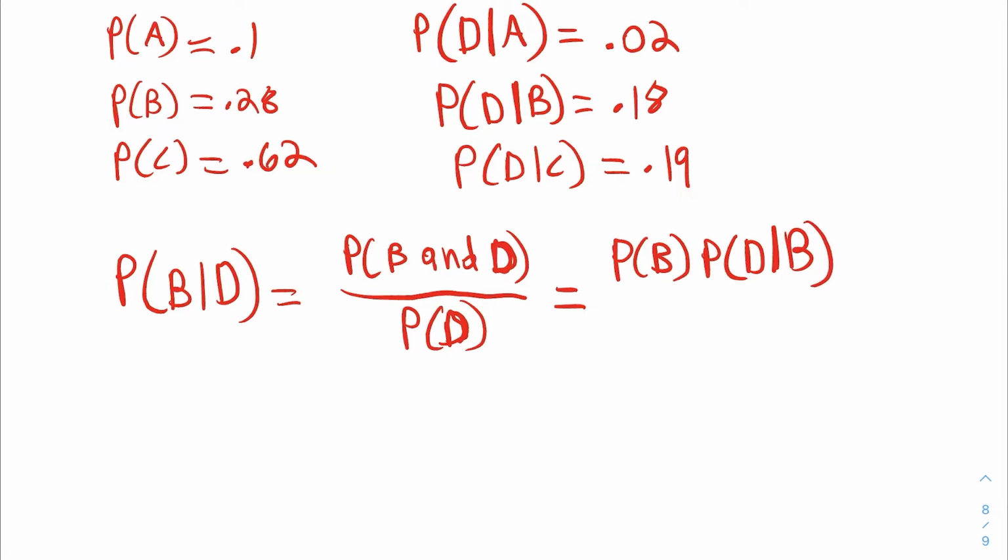What's good about both of those is I don't know the probability of B and D, but I know the probability of B, and I know the probability of D given B, and I can use those to find the one I want.